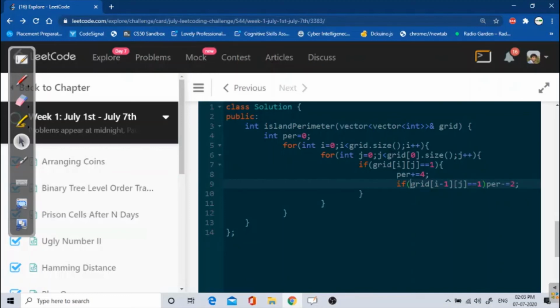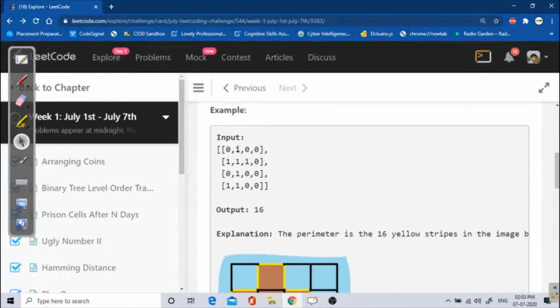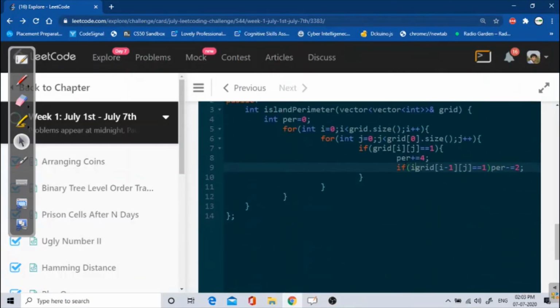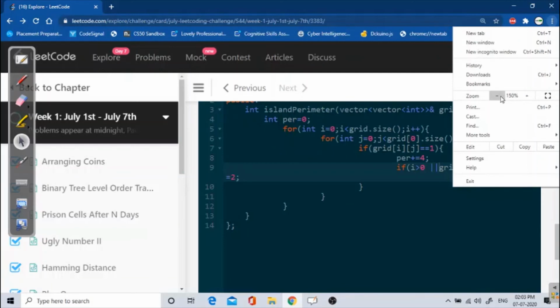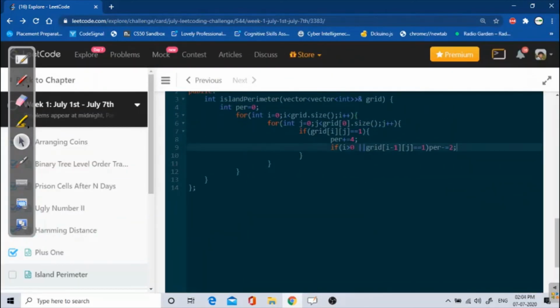And what if my i is here? So for row 1 I can't move up, so I have to check the boundary case also. For that I have to see if my i is greater than 0, then only this condition will be possible. So whenever I see up direction, whenever I see 1, I will decrease it.